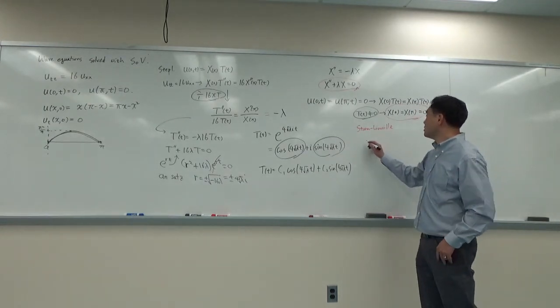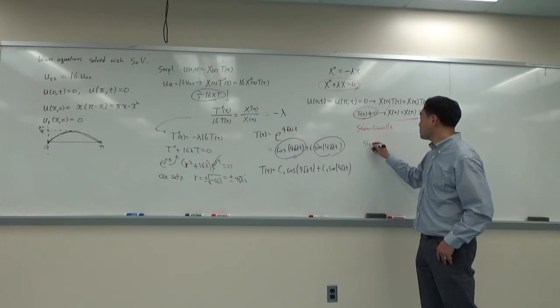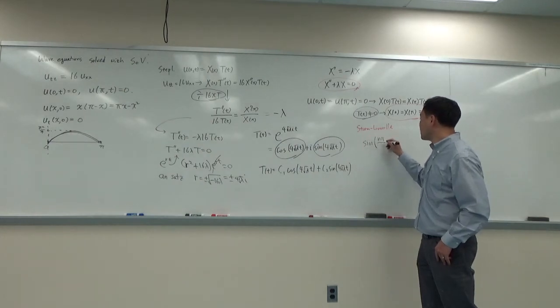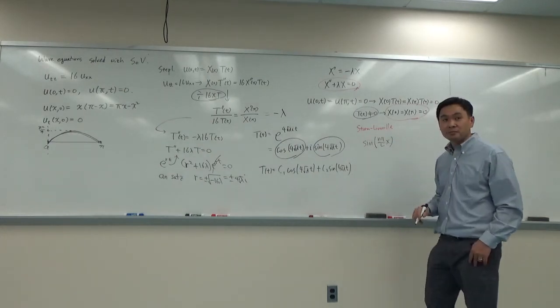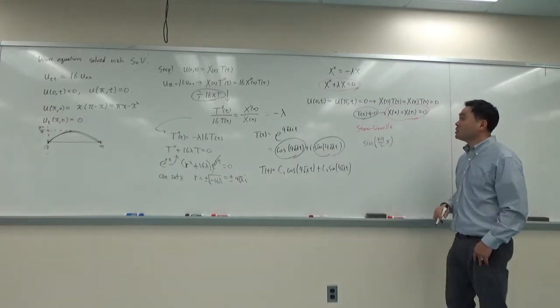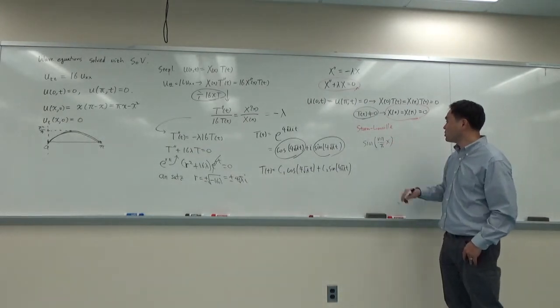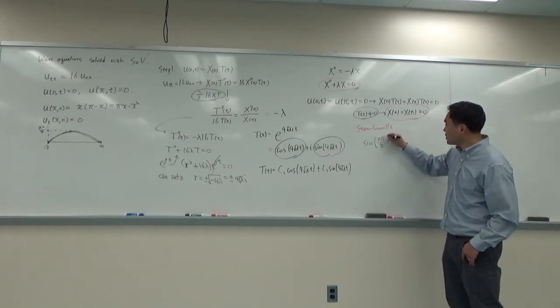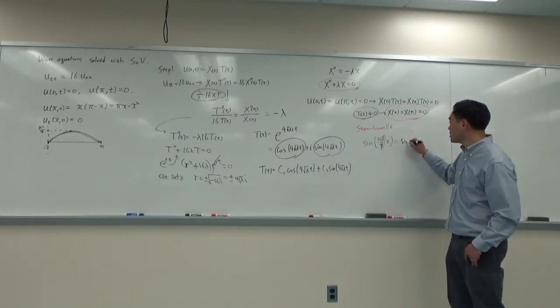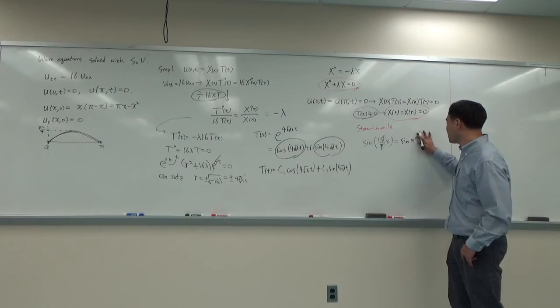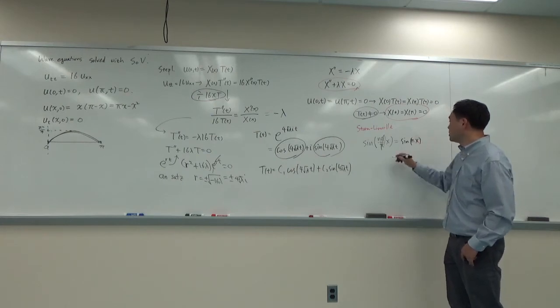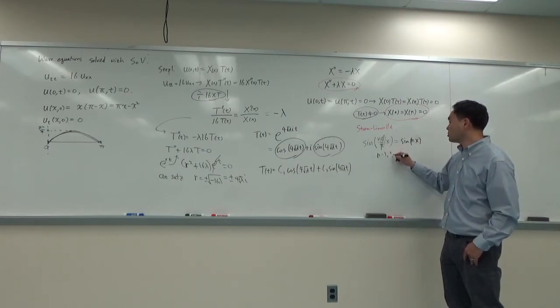And it usually looks like sine of n pi x over L, right? And for us, L is pi, so this cancels. So you're going to get sine of nx, with n being 1, 2, 3, and so on.